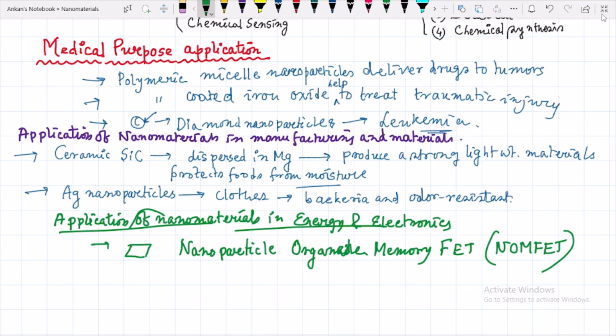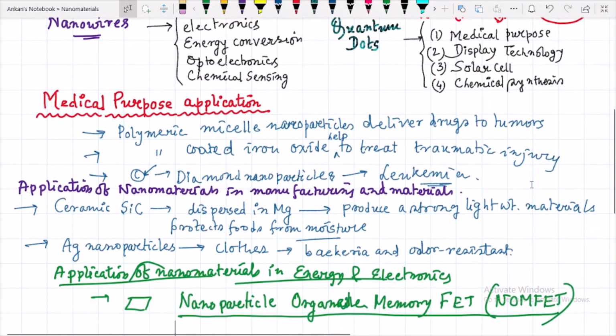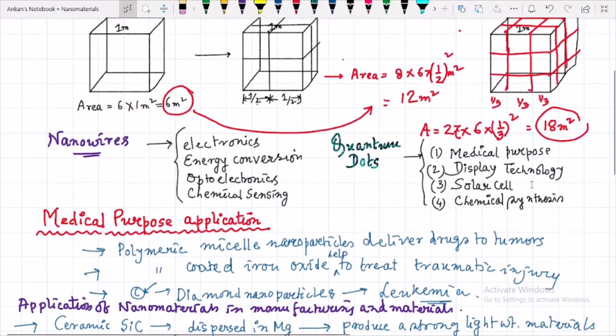It is unusual in that it can function in a way similar to the synapses of the nervous system. You have studied in biology what the synapses of the nervous system are. So the NOMFET acts like a synapse of the nervous system, and this is the main application of nanoparticles in energy and electronics.